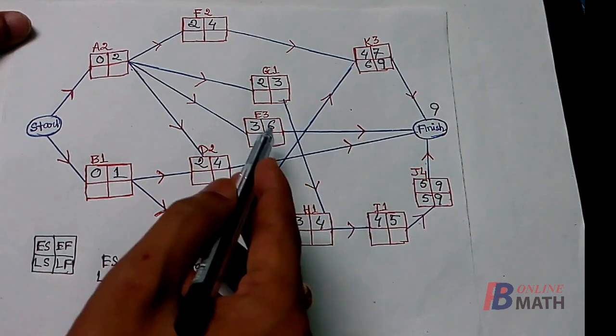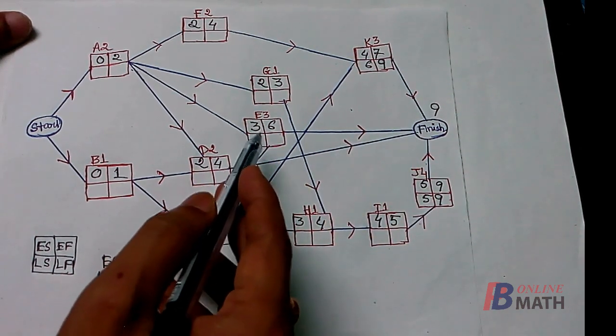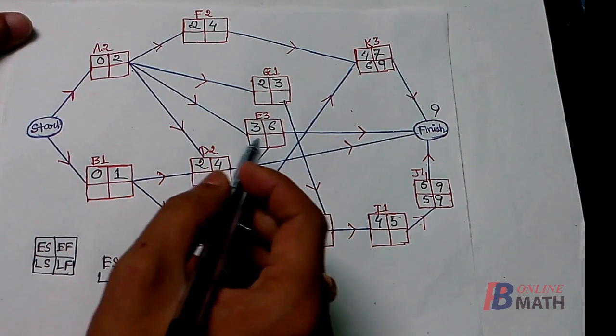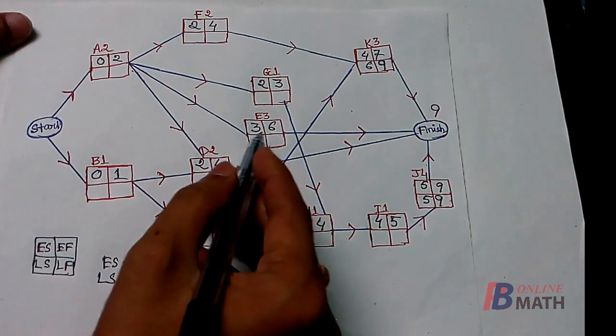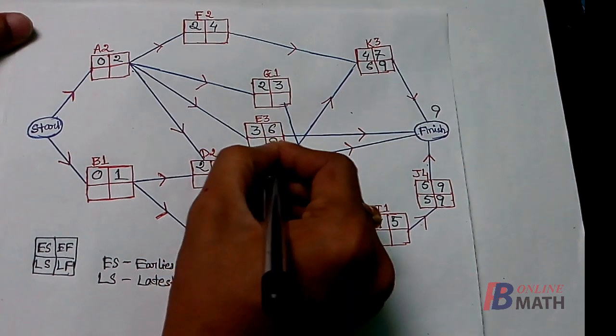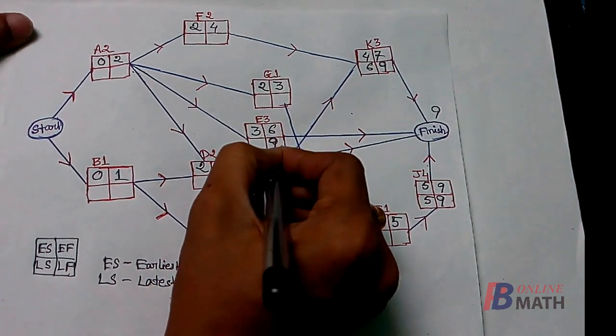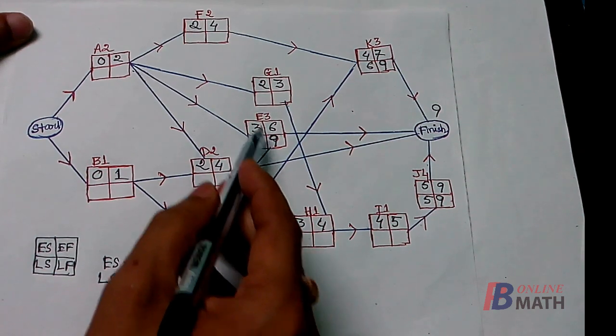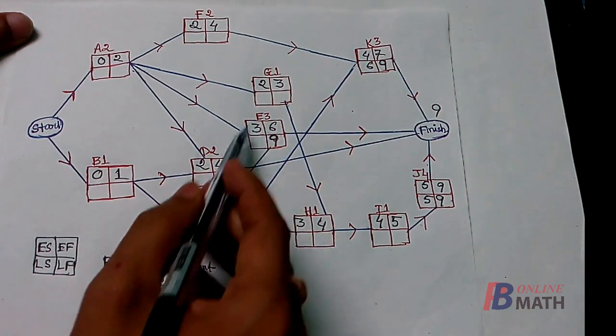Okay, next consider the activity E. Similarly, we can find that the activity E can be finished latest by 9 weeks. So this is the total time required to complete the project. So 9 is the latest finish time of the activity E, and it requires 3 weeks.